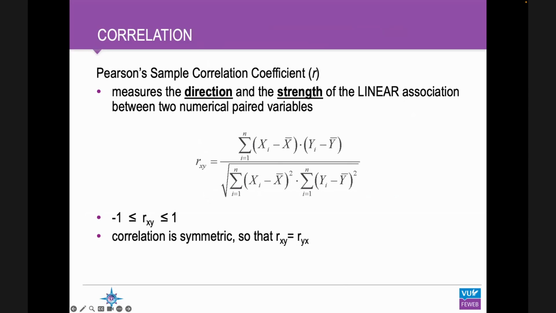That's important. And for that, we use a correlation coefficient, which is specifically Pearson's sample correlation coefficient. It looks at the direction and strength of linear association. This is very important. The regression we will look at next week, so I think that's a better place to talk about the difference between correlation analysis and regression.